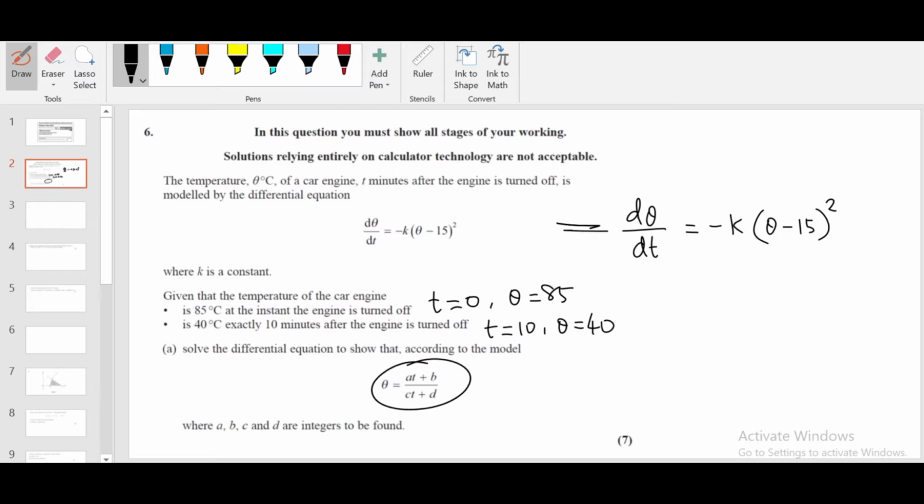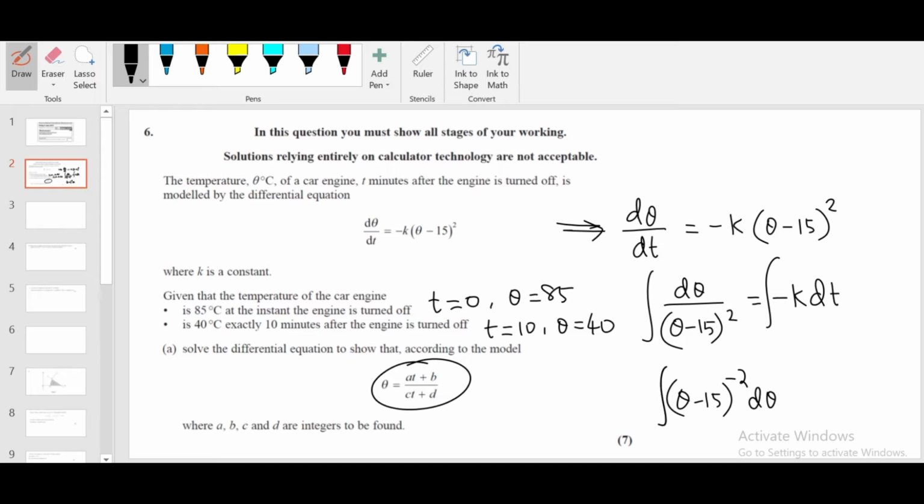So we need to solve this differential equation. The method we are applying here is separating the variables. You need to bring the theta here. You can write it as d theta over (theta minus 15) whole squared is equal to minus k dt. Integrate both sides. You can write this as (theta minus 15) power minus 2 d theta.